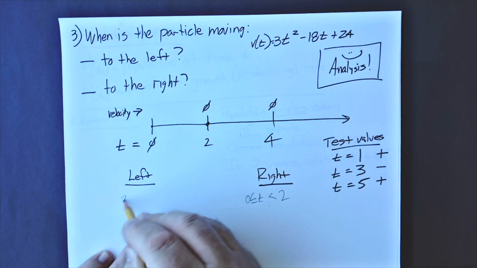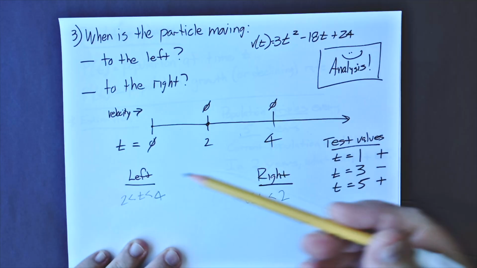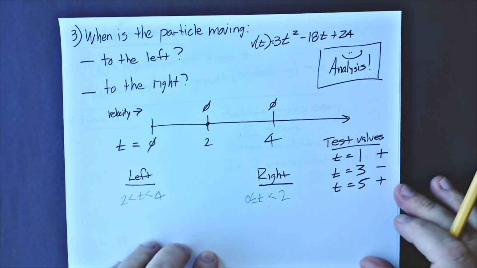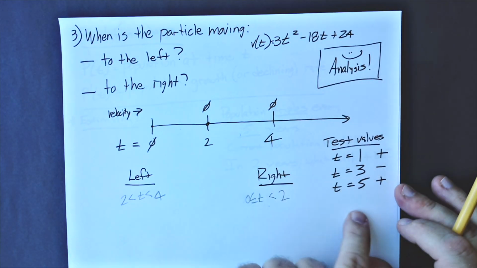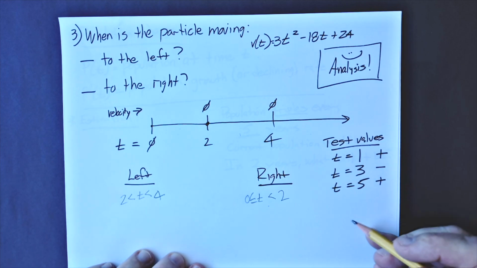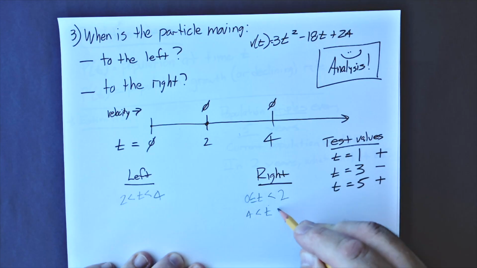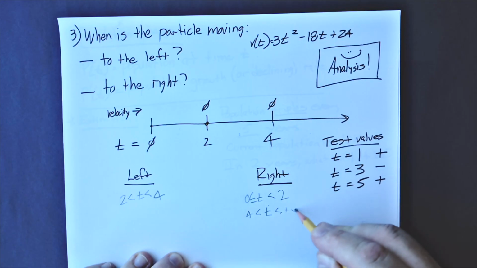So between 2 and 4, it's moving to the left. Then we test 5, and that is positive. So in that region, it is also moving to the right, from 4 all the way up to positive infinity.